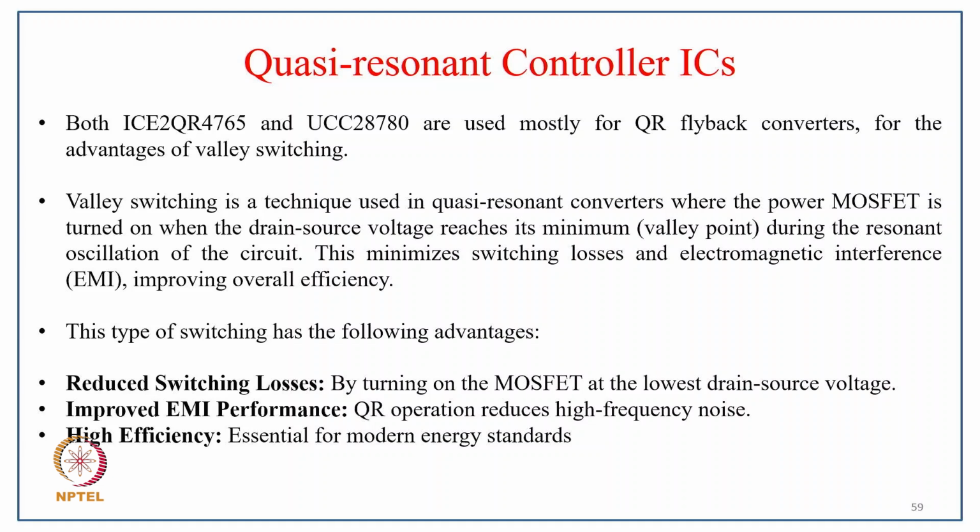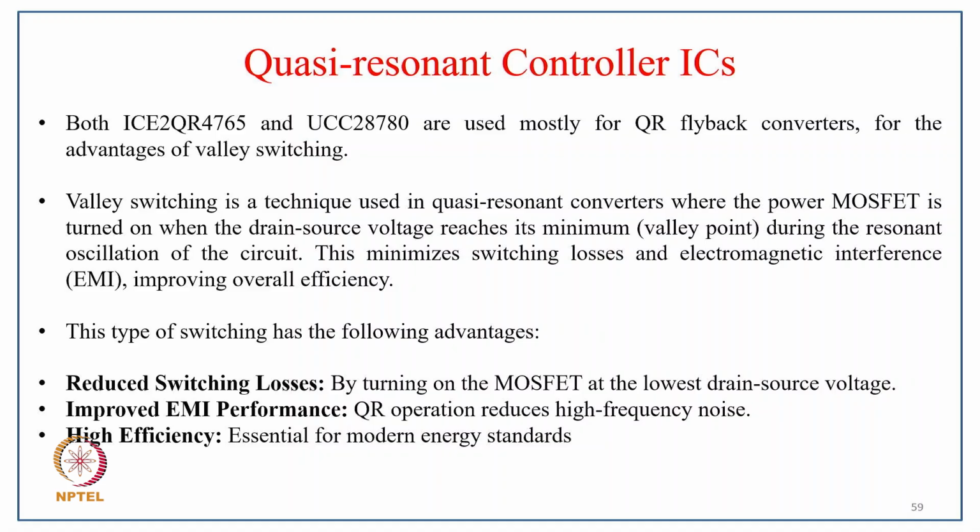So both the ICE2QR4765 and UCC28780 are used mostly for QR flyback converters, quasi-resonant flyback converters, for the advantage of valley switching. Valley switching is a technique used in the quasi-resonant converter where the power MOSFET is turned on when the drain-source voltage reaches its minimum valley point during the resonant oscillation of the circuit, and this minimizes the switching losses and electromagnetic interference, improving the overall efficiency.